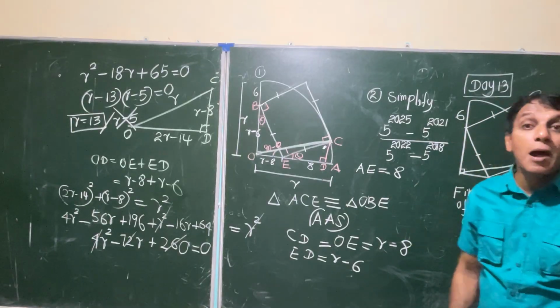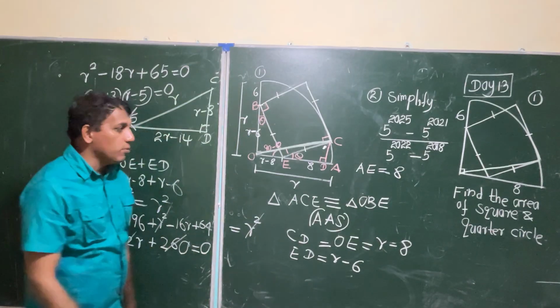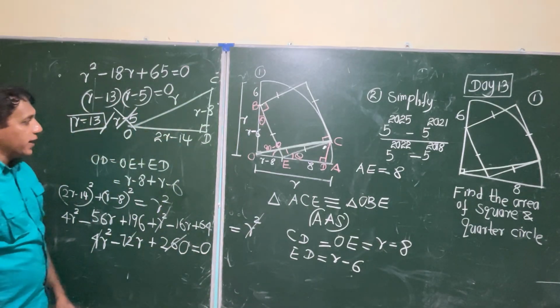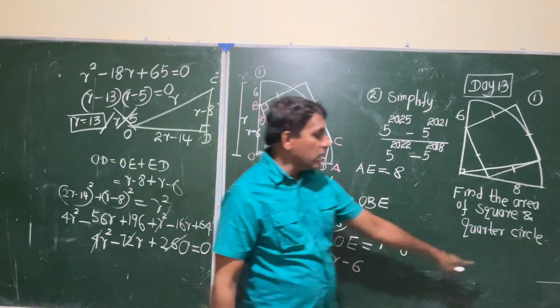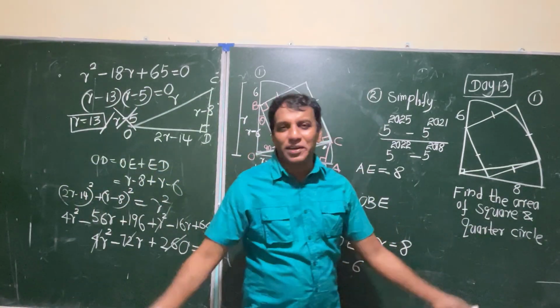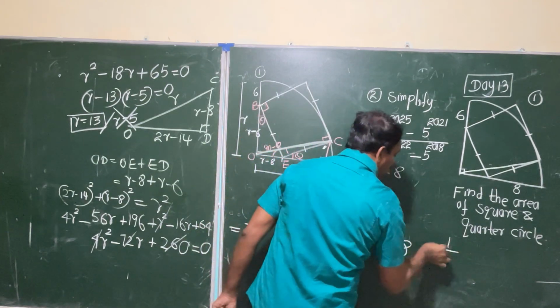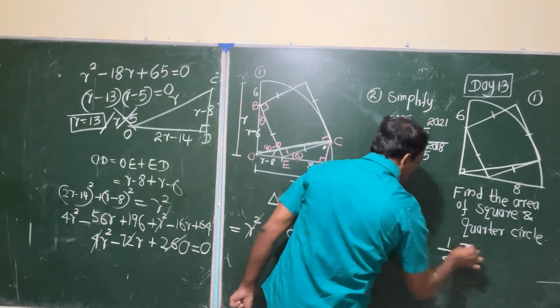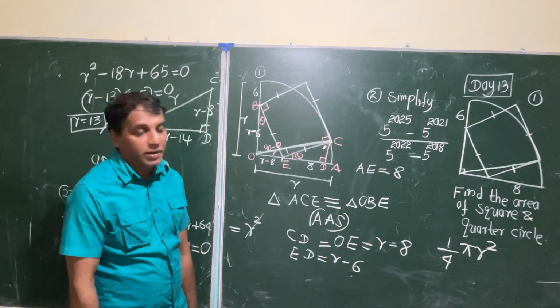Right, then what is the quarter circle area? The quarter circle area is one quarter pi R squared.